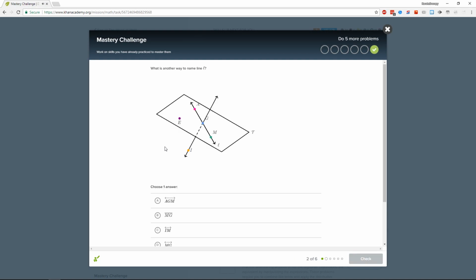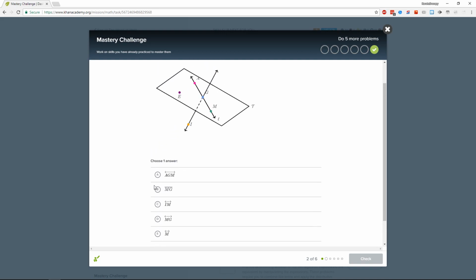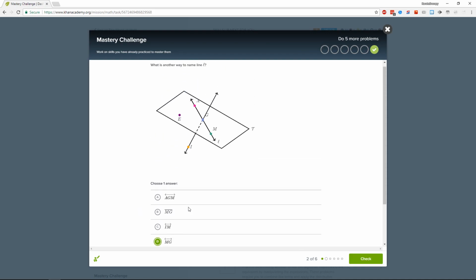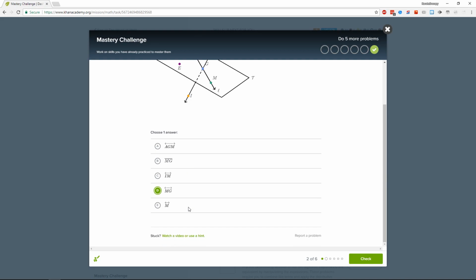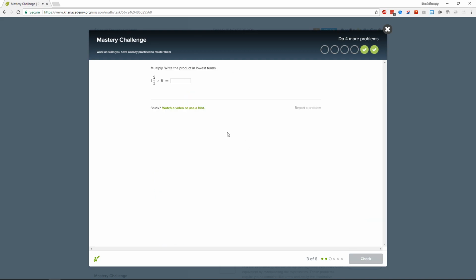What's another way to name L? MG. Sounds fine to me. Multiply. Write the product in the lowest terms.